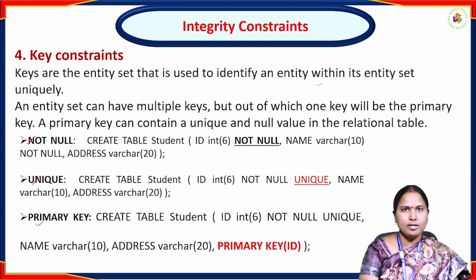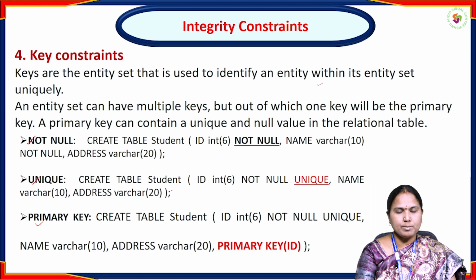Coming to the next one, unique. Unique is nothing but what? Whatever values we are inserting, those values must be unique. Suppose in the first row I am inserting 123, and in the second row I am also inserting the same 123. This is opposed. Why? Uniqueness. It must specify the uniqueness. It does not allow duplicates.